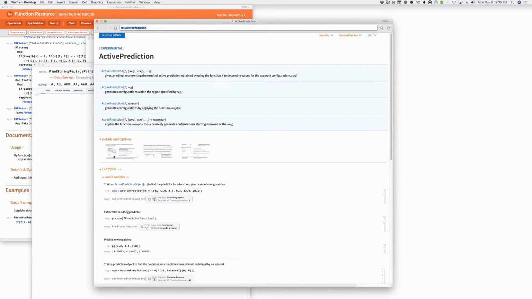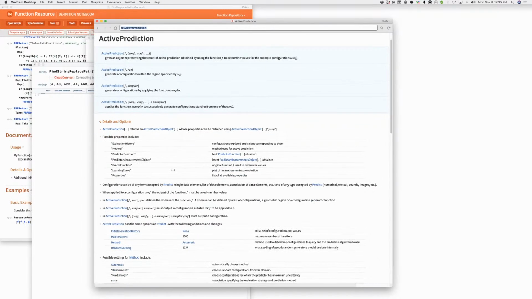So to what extent does active prediction work? Let's see, how does this work? It applies the function to successively generate configurations starting from one of these things. So to what extent is this the same idea?